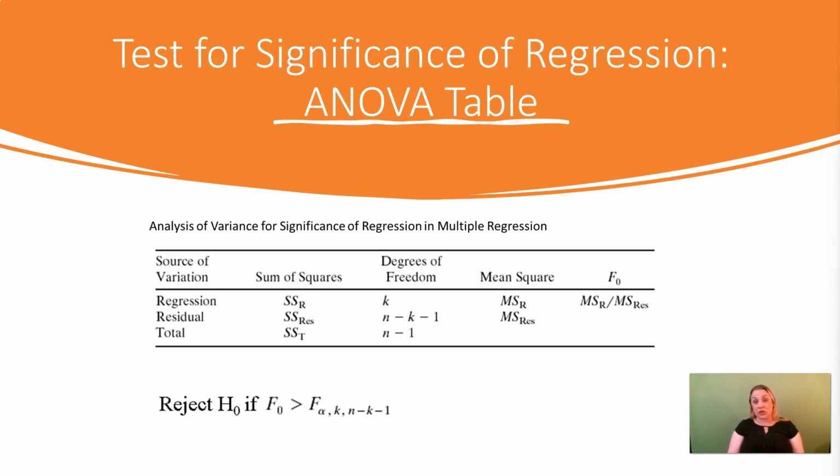Because what you're doing is looking at your F statistic in comparison to the F statistic on the F distribution table to see if you reject the null or if you fail to reject the null. Remember, if you fail to reject the null, that means that none of the values are statistically significantly different from 0, and you really don't need to look at anything else in that model.